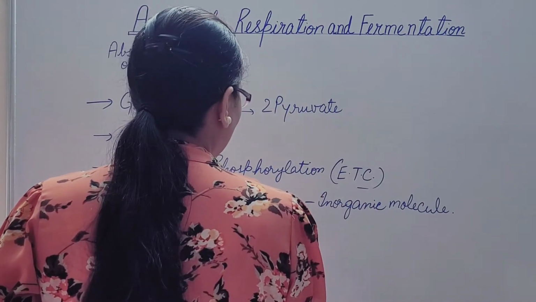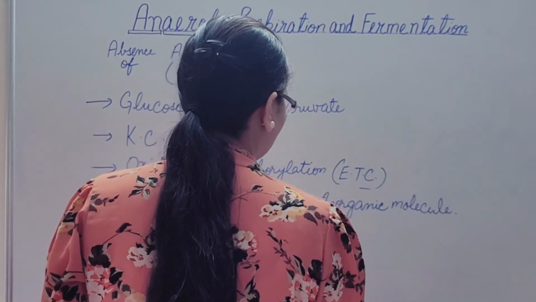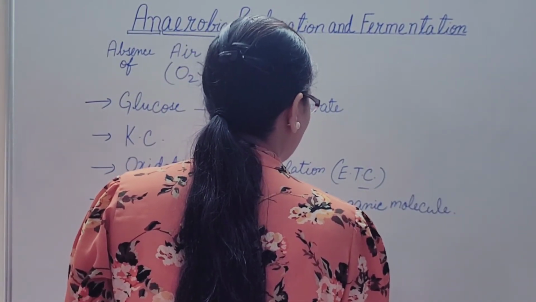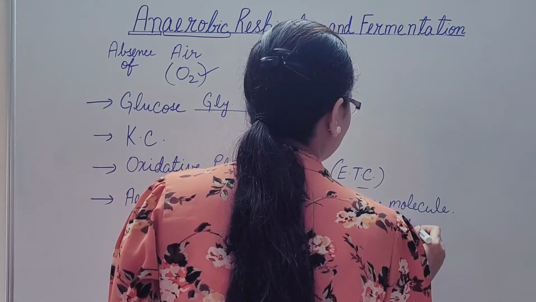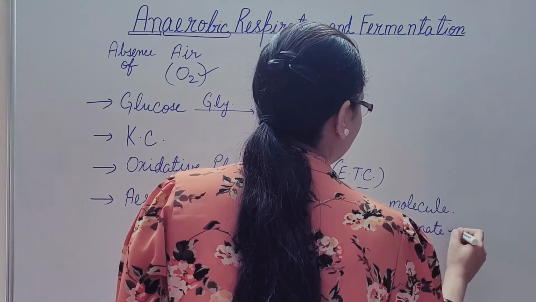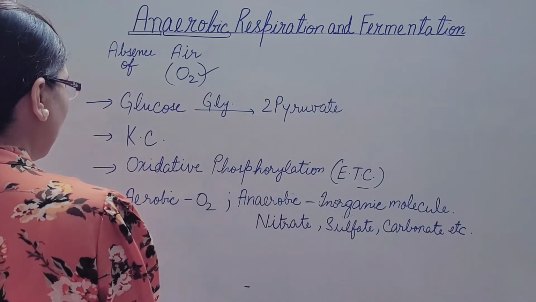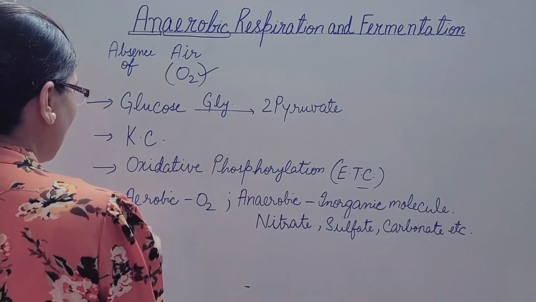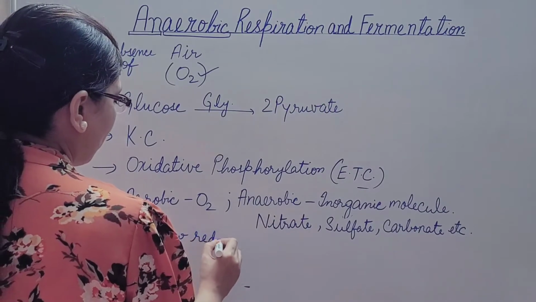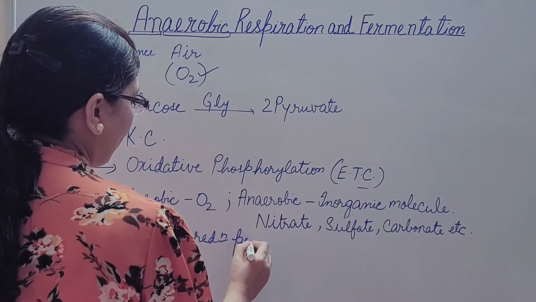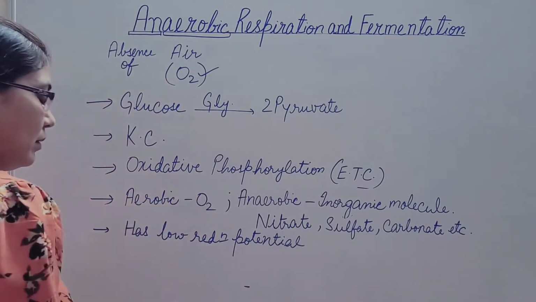These inorganic molecules can be nitrate, sulfate, carbonate, etc. These inorganic molecules, which are the final electron acceptor, have low reduction potential compared to molecular oxygen.